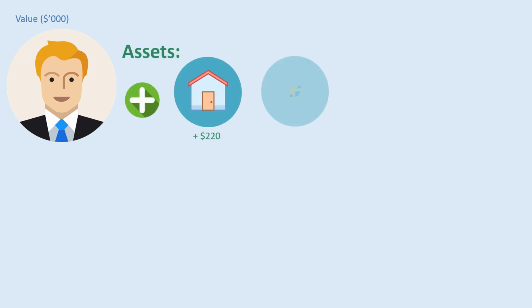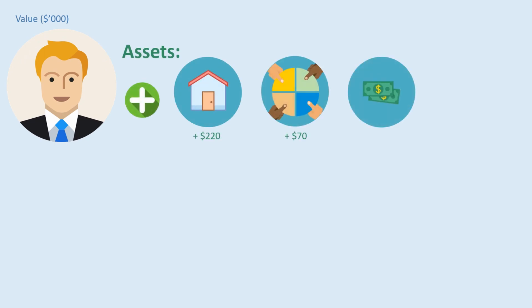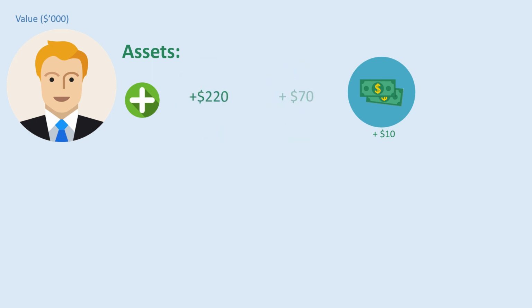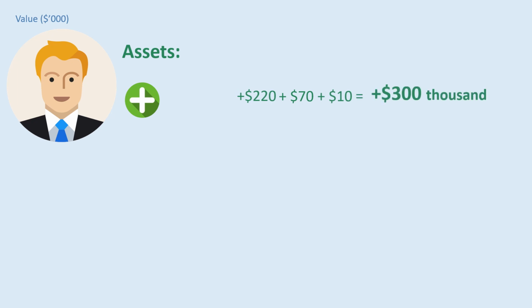We can actually do some very simple calculations with assets and liabilities, and we can add them up in the same way as we add up positive and negative numbers in algebra. For instance, John's total assets are 220 plus 70 plus 10 equals $300,000.